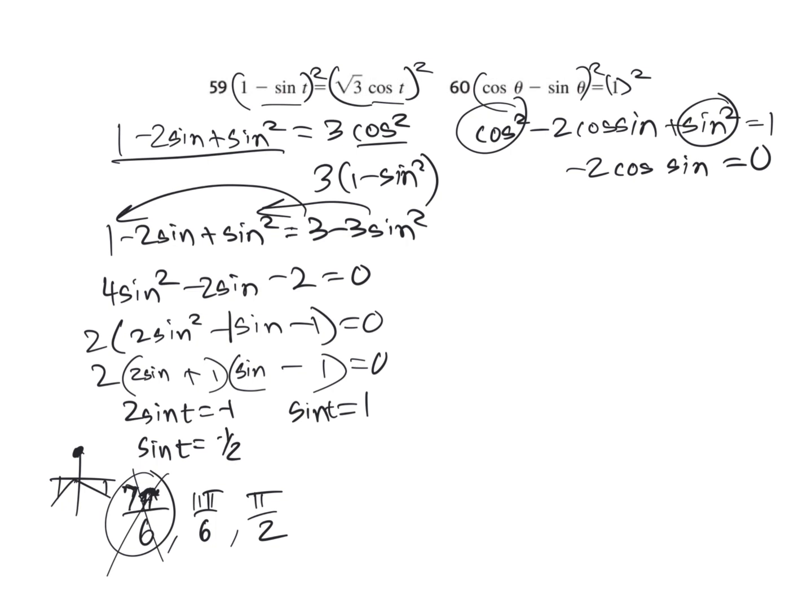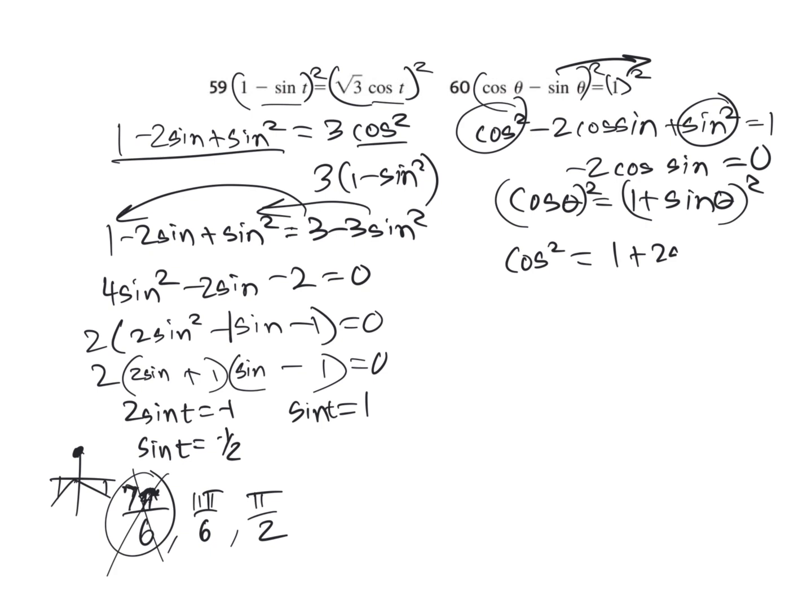Let's rearrange this by moving the sine over. And then, just like the last problem, let's square both sides. Okay, and now cosine squared is 1 minus sine squared. So let's move everything over to the other side.